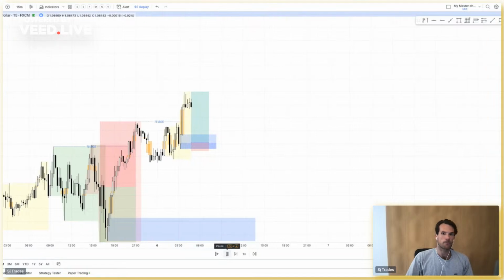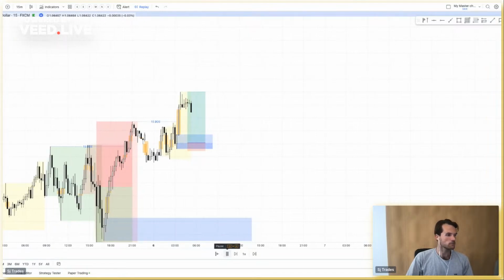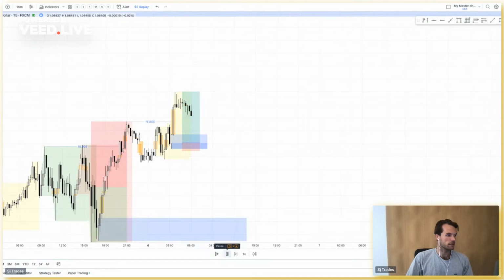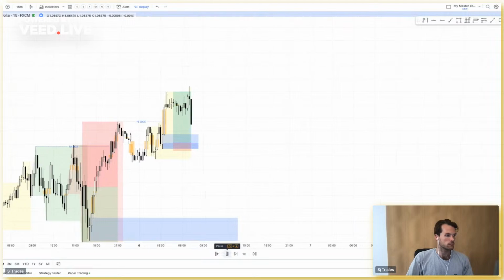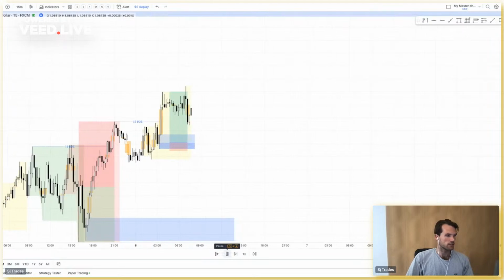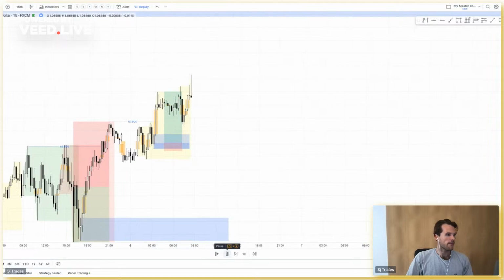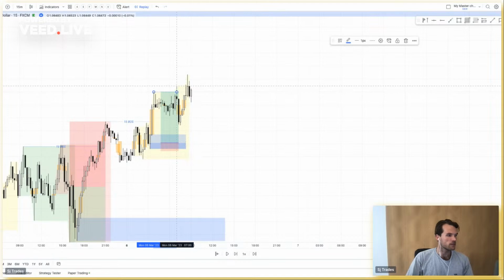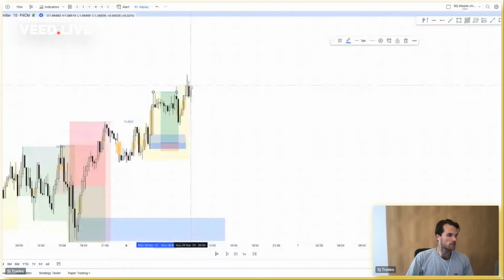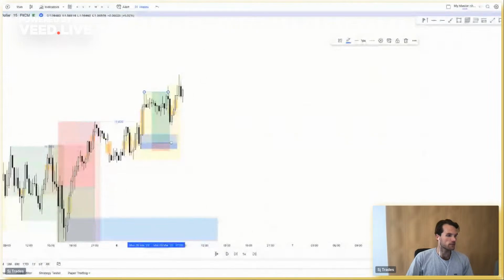Okay. Let's see if we get a tag. A swing. Okay. We've got another liquidity sweep. Another sweep. Let's see if we actually get a break.